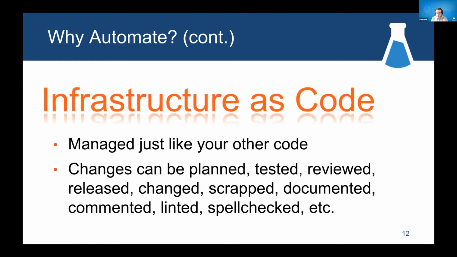It allows you to make changes and plan changes, test changes, review changes, all the good stuff that you do with your regular code bases now applies to your infrastructure. And I feel I should tell you all that you narrowly avoided me using some truly garish word art just because I couldn't figure out how to get it into Google Slides, but just be thankful that all you had to deal with was the little reflection there. Can we get the next slide?